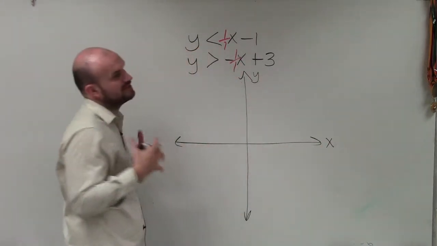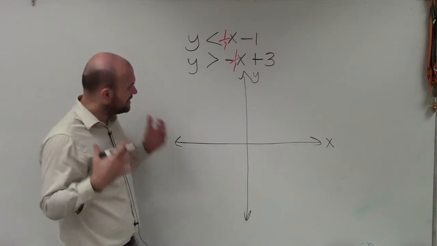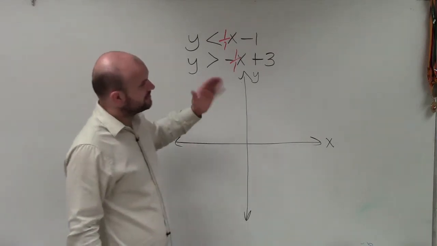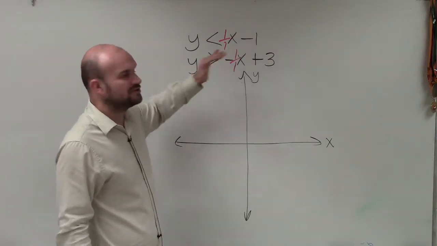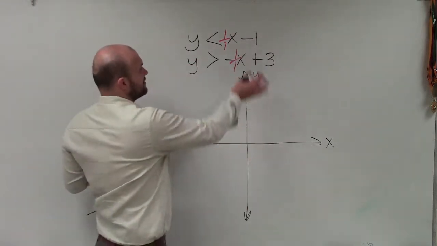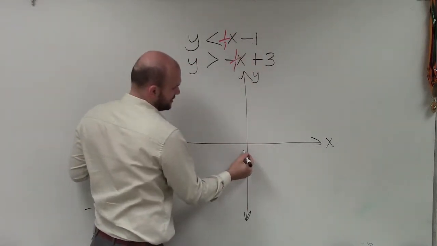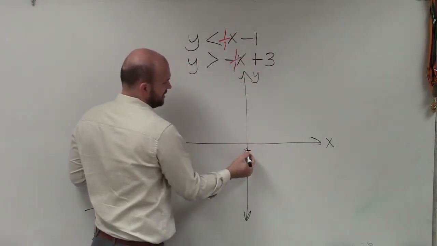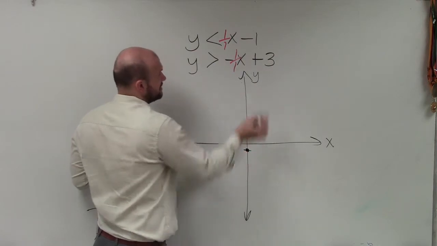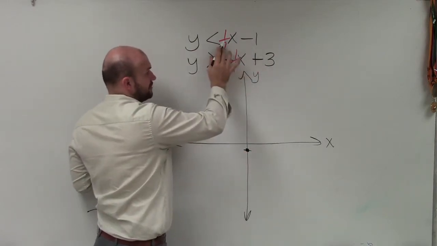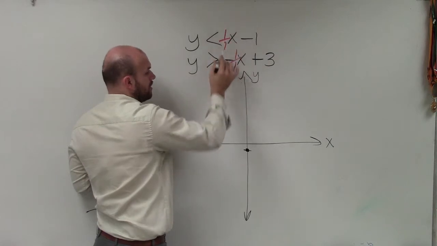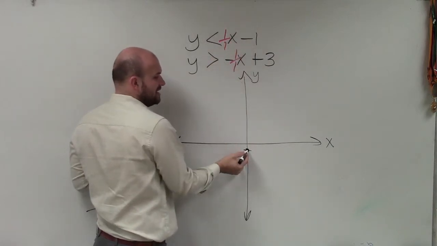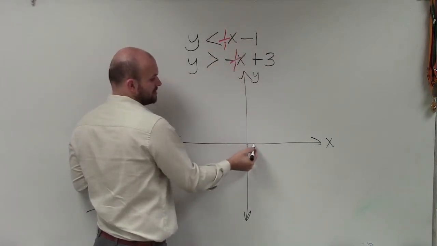So I have my y-axis and my x-axis. The first thing I want to do is plot the y-intercept. Let's graph one equation at a time. For the first one, the y-intercept is -1. So I go down on the y-axis to -1, and I make a nice big dot. That's my y-intercept. Then I follow the slope, which is 1 over 1. That means the change in the y-coordinates is +1, and the change in the x-coordinates is +1.